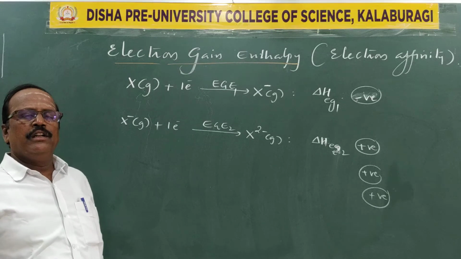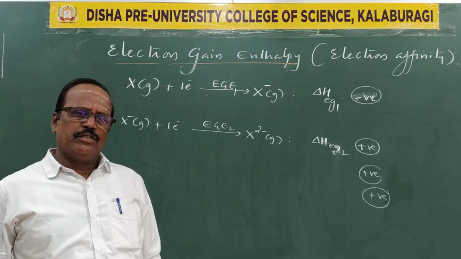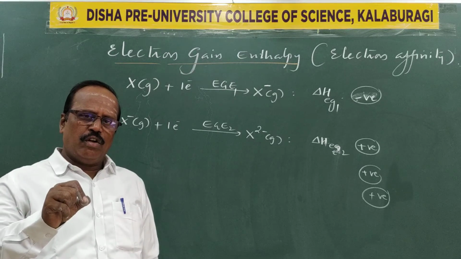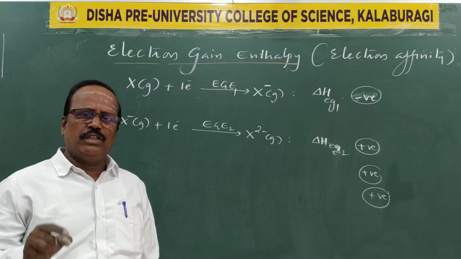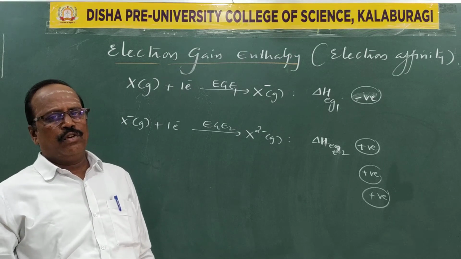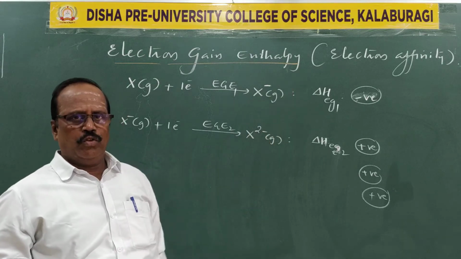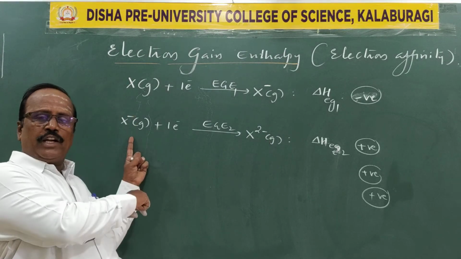I repeat, in the first case, when it is a neutral atom, to add one electron, there is a repulsion between the existing electrons and the incoming electron. Energy is liberated, which is exothermic, therefore it is negative for the first one. Next, we try to add one more electron.